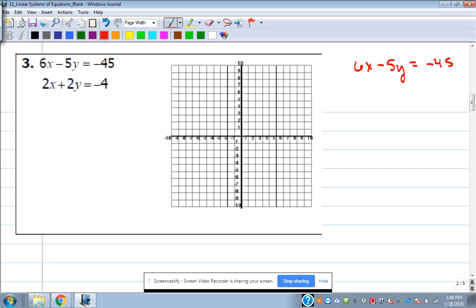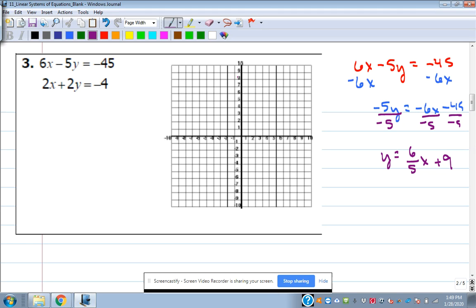But just do a little bit of scratch work over here. I would subtract 6x. Give me -5y is equal to -6x minus 45. And then I would divide by -5. It's going to be 6/5x plus 9.